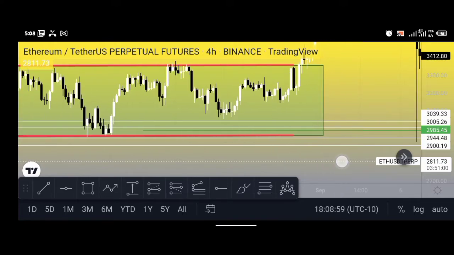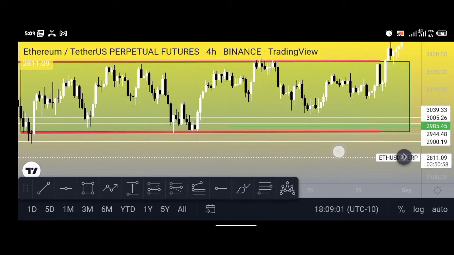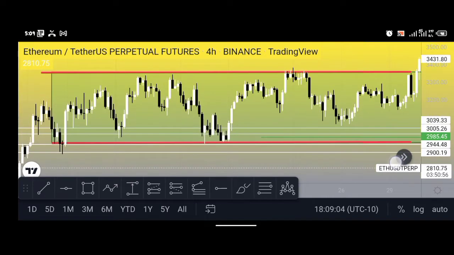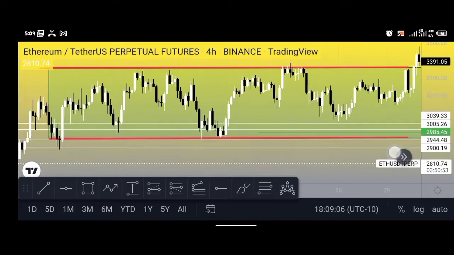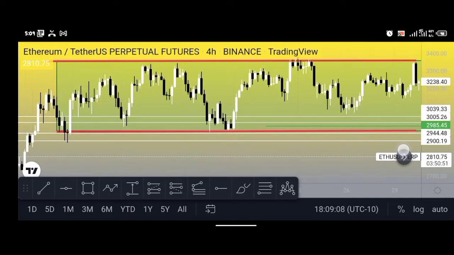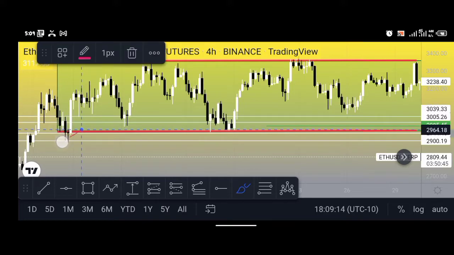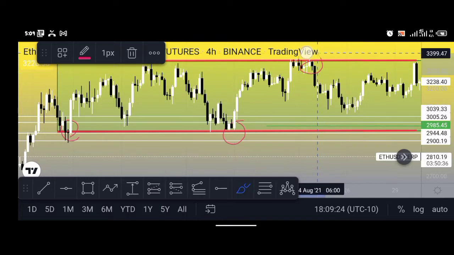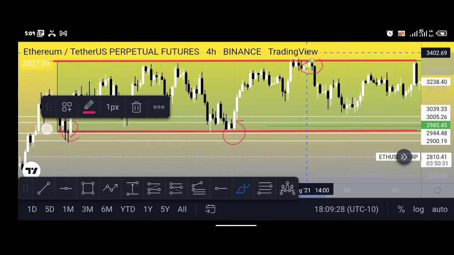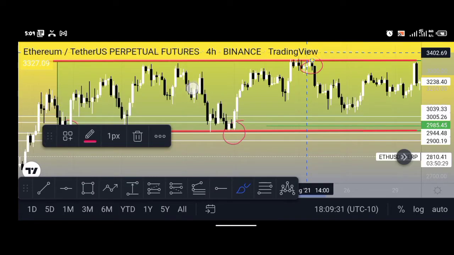The first way of how to trade this ranging market with candlesticks is when the candlestick touches your support, another support, your resistance level, another resistance level.